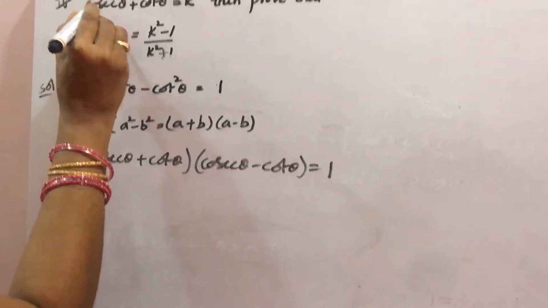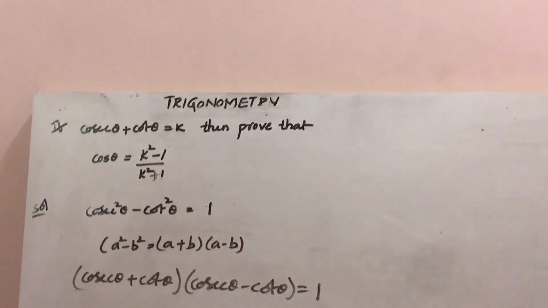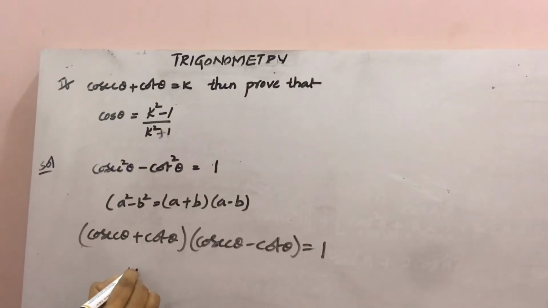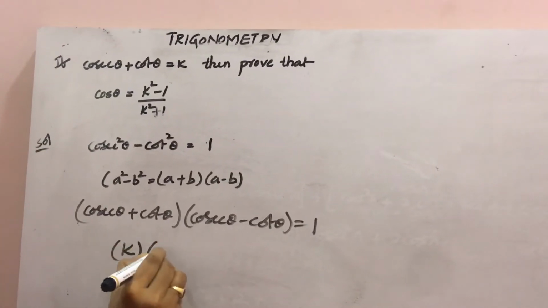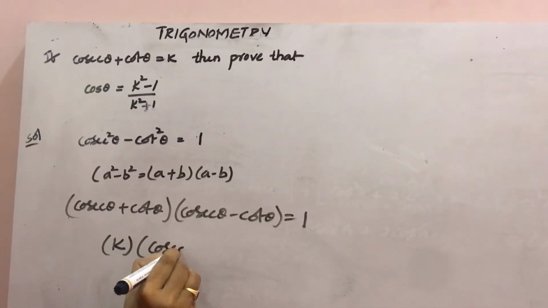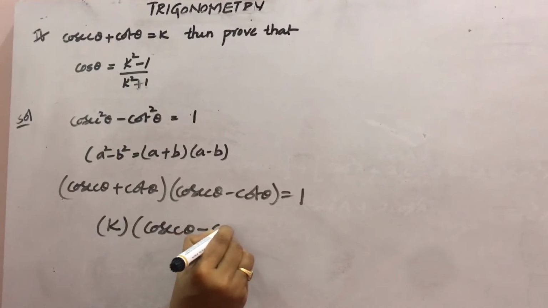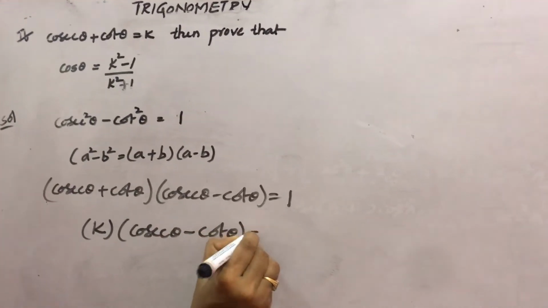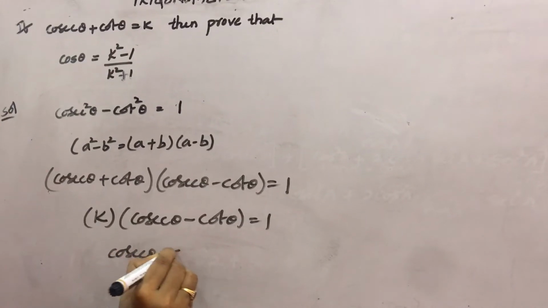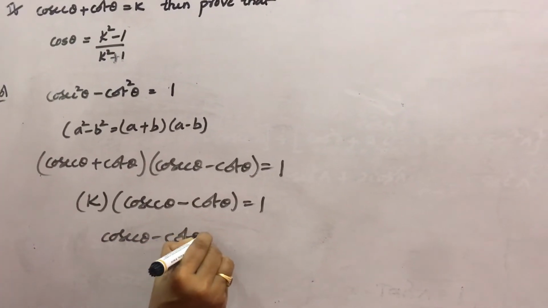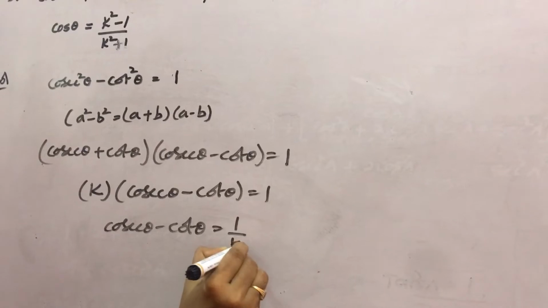What is given in the problem? Cosec theta plus cot theta is equal to k. We are replacing this cosec theta plus cot theta by k. What is the remaining function? Cosec theta minus cot theta is equal to 1 by k.